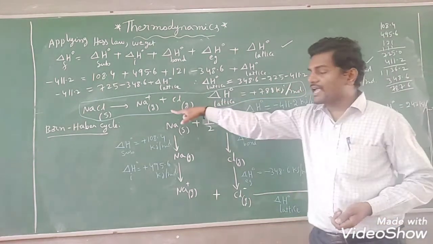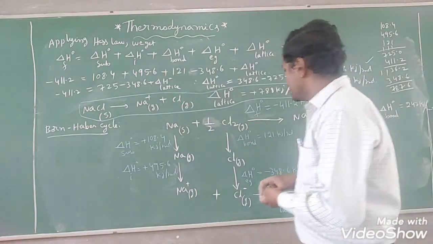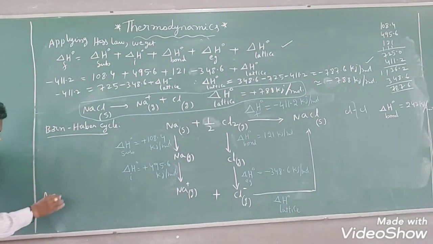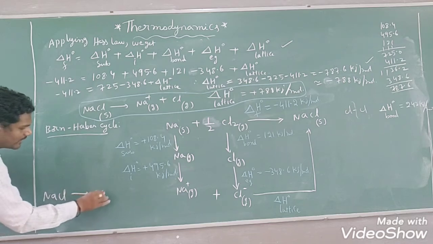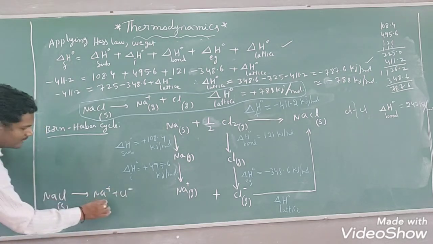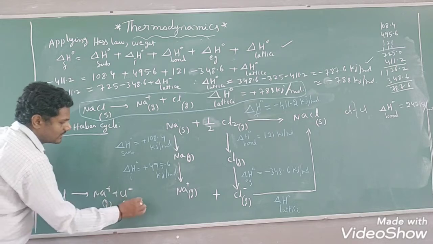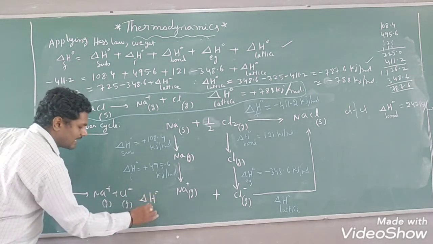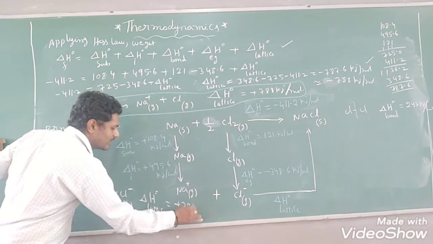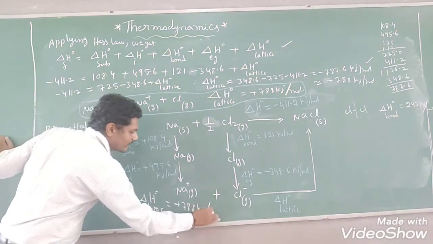But this is the reverse reaction. Here, NaCl will be converting into Na plus and Cl minus. This is a solid substance converting into gaseous ions. Here the lattice enthalpy is plus 788 kilojoule per mole only.